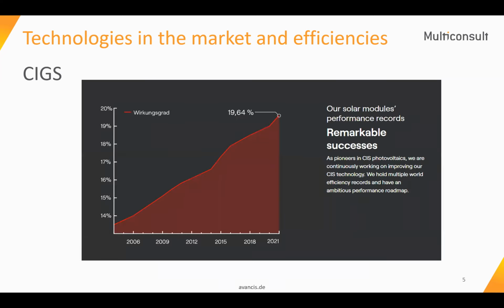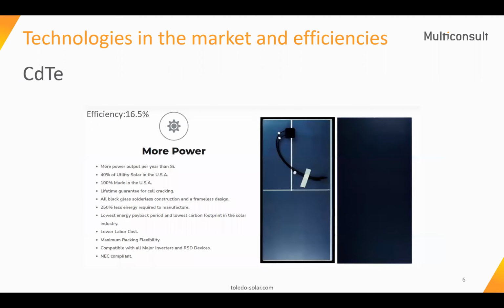Then we have CIGS, whose commercial panels are at almost 20% efficiency. And we have CdTe, or cadmium telluride, whose commercial version is almost 17%. They have their pros and cons. We don't go into that level, but these are the three main viable BIPV technologies in the market now.